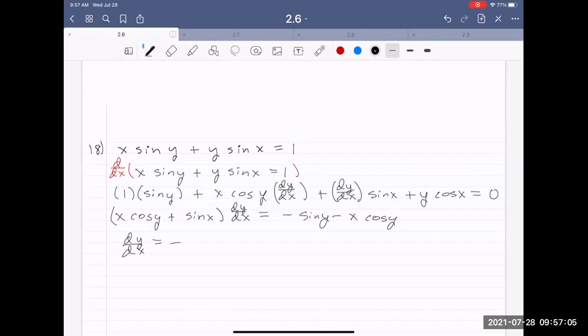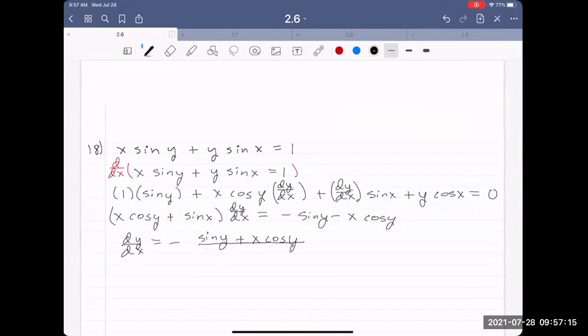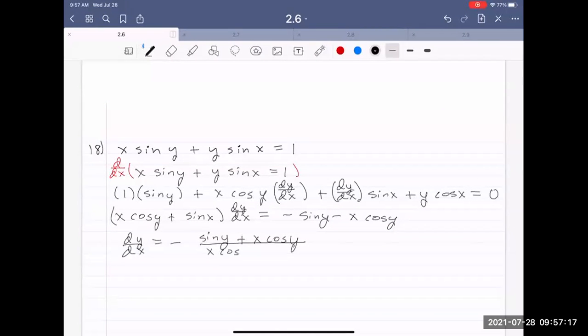So this is equal to minus sine y minus x cosine y all over x cosine y plus sine x. And that's your answer. Any questions about that? Any questions on that?